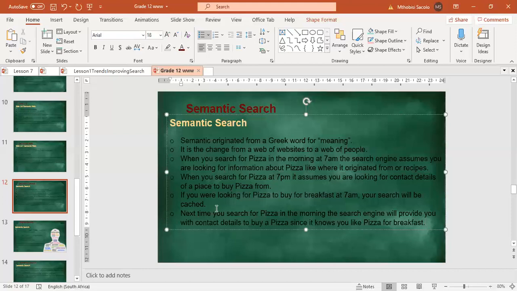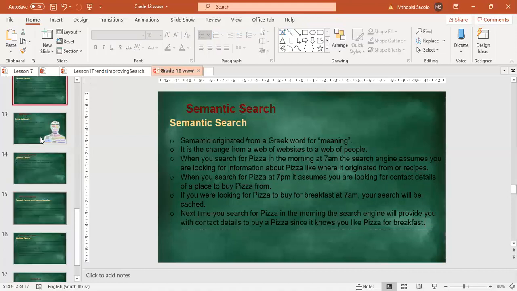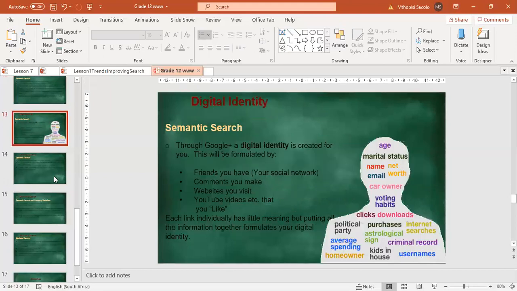So it will give you options, maybe in your surroundings, of the nearest place with pizza. It can give you the contact so that you may go and buy the pizza. So that is semantic search. I think it is becoming a bit clear.